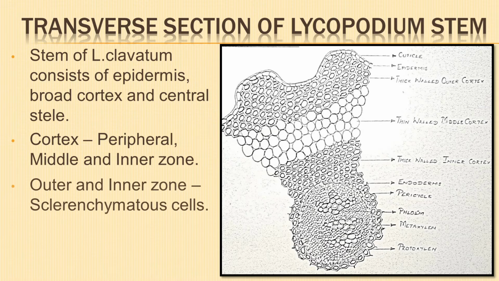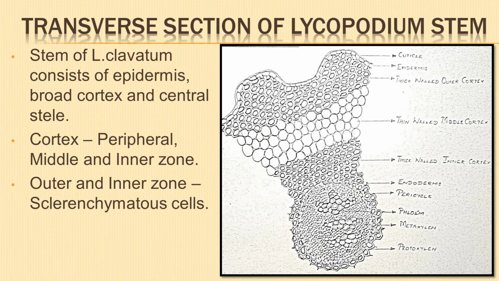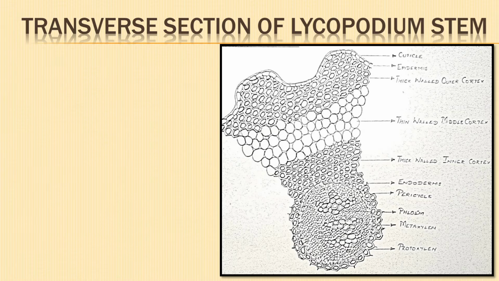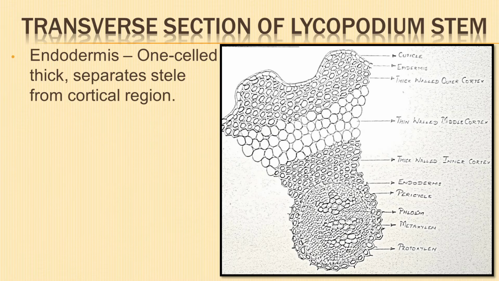The outer and inner zones consist of thickened sclerenchymatous cells, while the middle zone consists of thin-walled parenchymatous cells containing few chloroplasts. One-celled thick endodermis separates the stele from the cortical region.